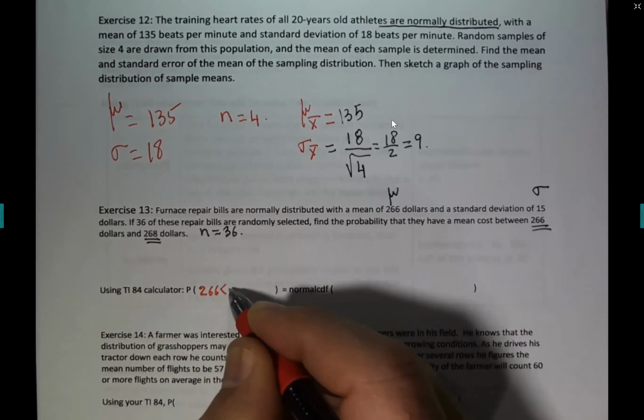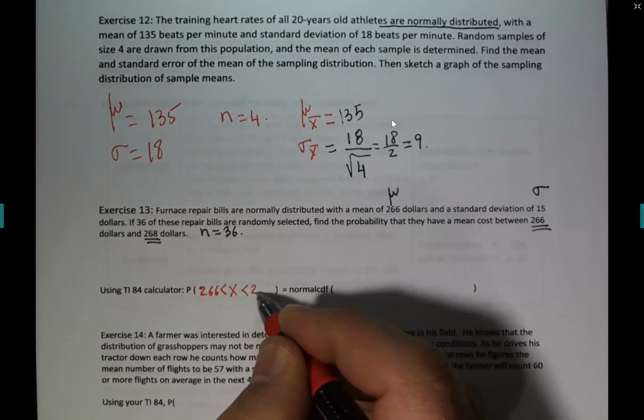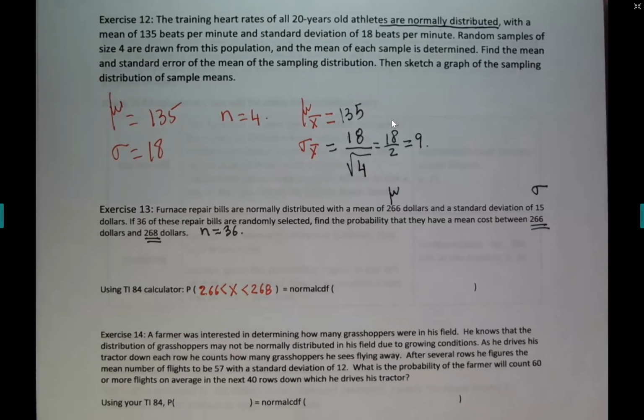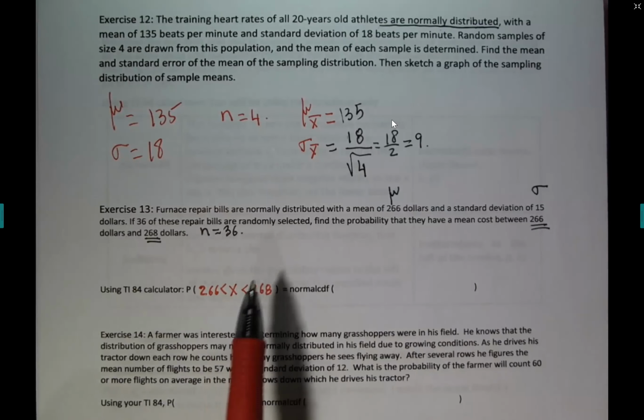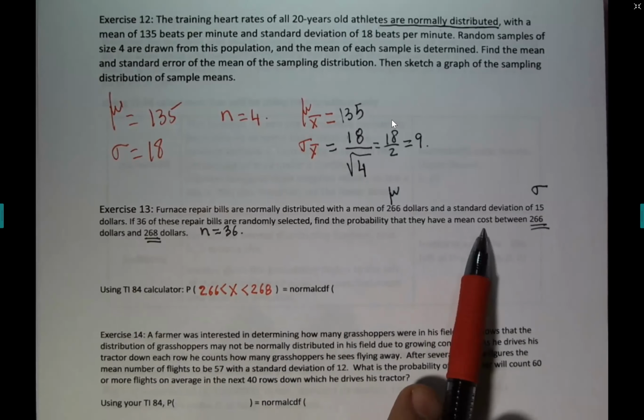Is that what you did before? But there is one thing that's missing here. That's not right here. Read the question. Find the probability that they have a mean cost.